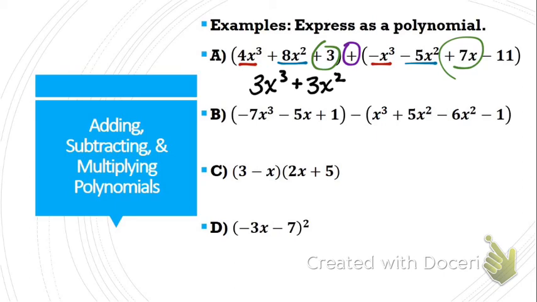Can I combine those? No. So what combines with my 7x? 0. Yeah. 7x. So I'm just going to bring that 7x down. He doesn't have a like term to combine with. And then I can combine the 3 with the negative 11, and I get what? Negative 8.